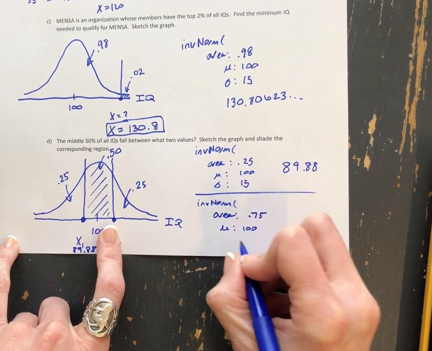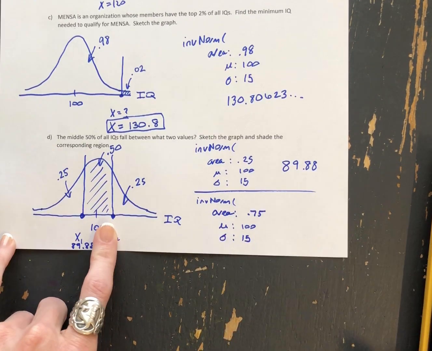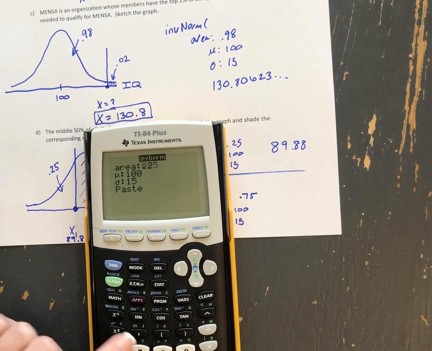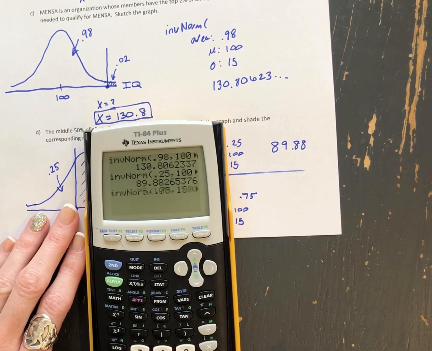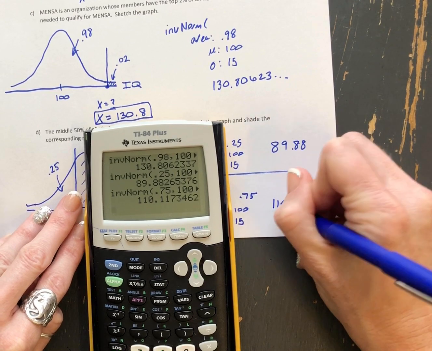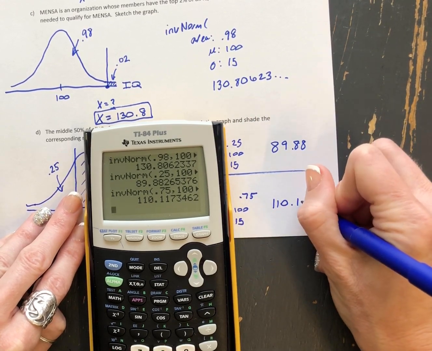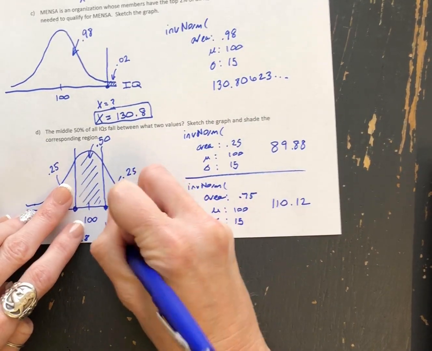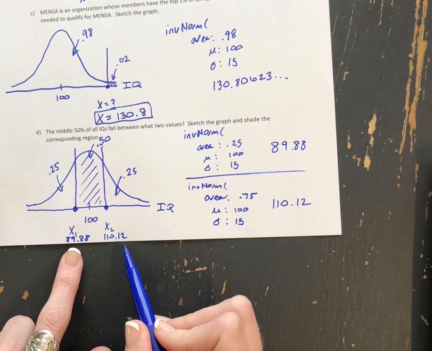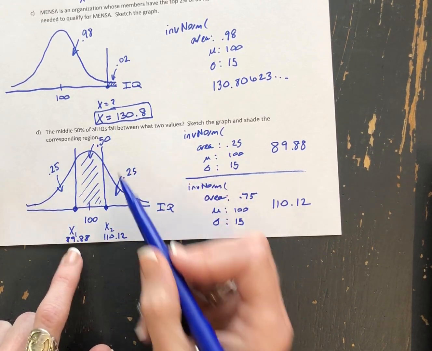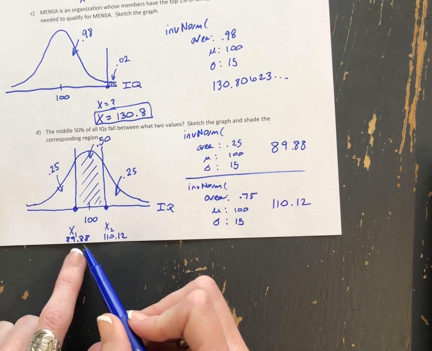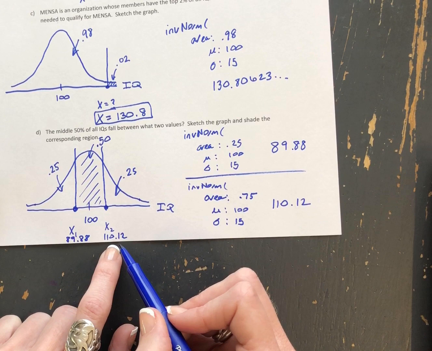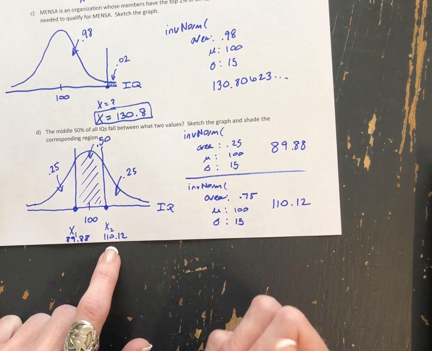Mu is still 100, sigma is still 15. And we get 110.12 as our other value, okay? And so we would say the middle 50% of all IQs are between 89.88, or basically 90, and 110.12, or basically 110.